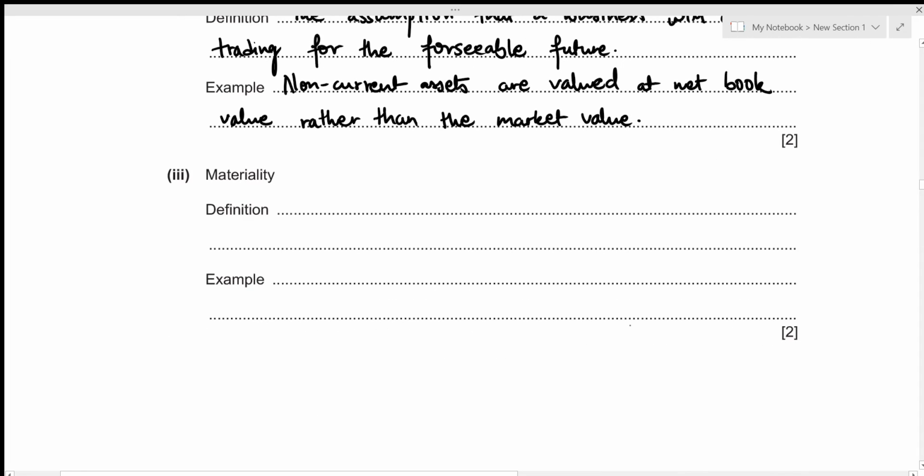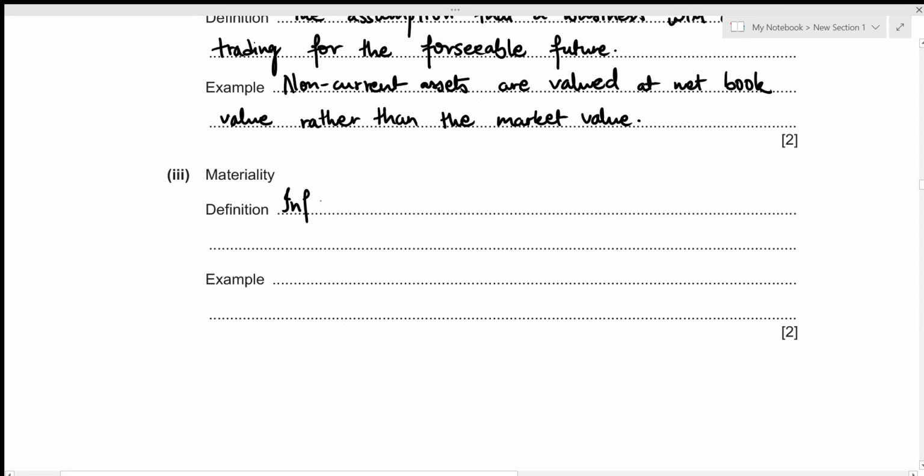Okay, then the third accounting concept that we have is that of materiality. And we know that this concept states that the information is material if its omission or misstatement could influence the decisions of users of financial statement. Let's write it down and I will elaborate further.